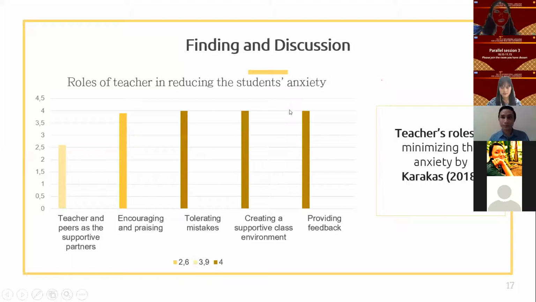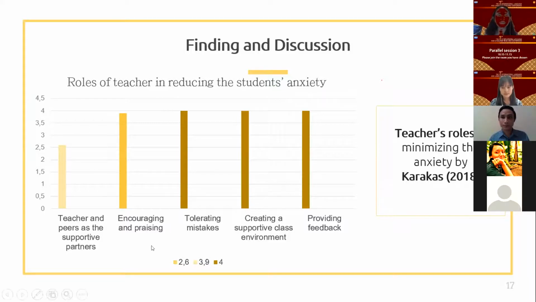And here, what can teachers do to reduce the students' anxiety in speaking class? The first one is that, even though it got the least proportion, teachers and peers can be supportive partners for the students in class.